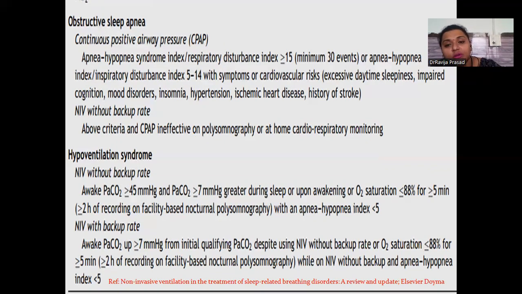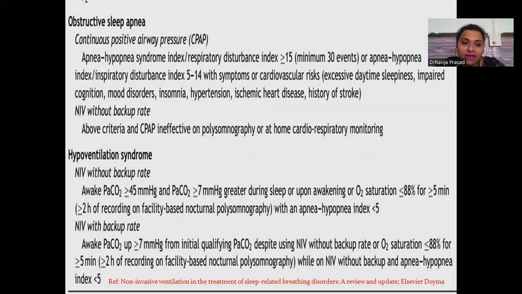In this also, you need to remember all these readings: apnea-hypopnea index, respiratory disturbance index, how many minimal events there should be, how much inspiratory and expiratory pressure there should be, and what symptoms are presented, such as cardiovascular risk, excessive daytime sleepiness, impaired cognition, mood disorder, insomnia, hypertension, ischemic heart disease, history of stroke.